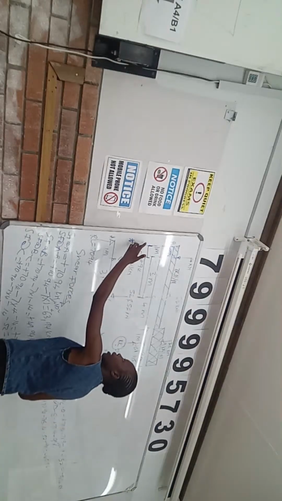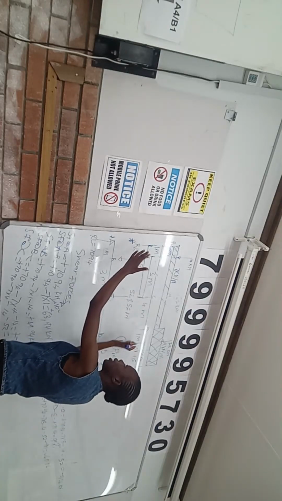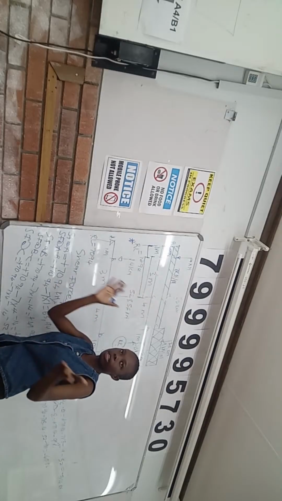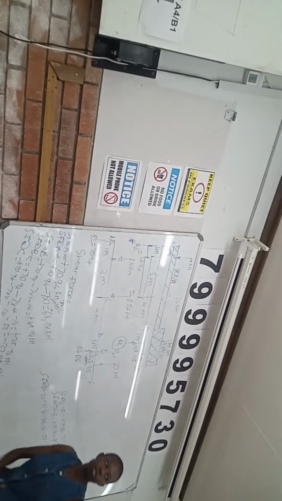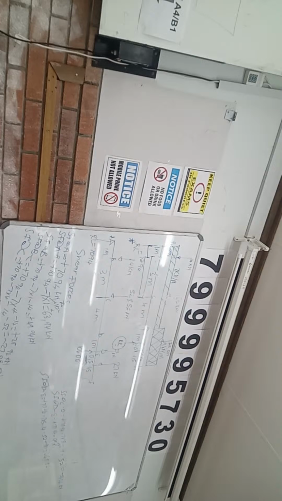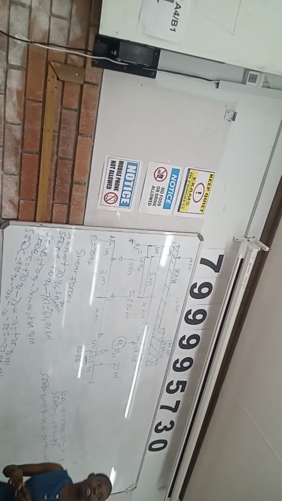When you use RL and then the force, you jump the UDL. From A up until E, there are forces acting there, and when you just put them, it's incorrect. So you don't do it like that. Yes, we can use it, but not here, in future, maybe after D, the other side.